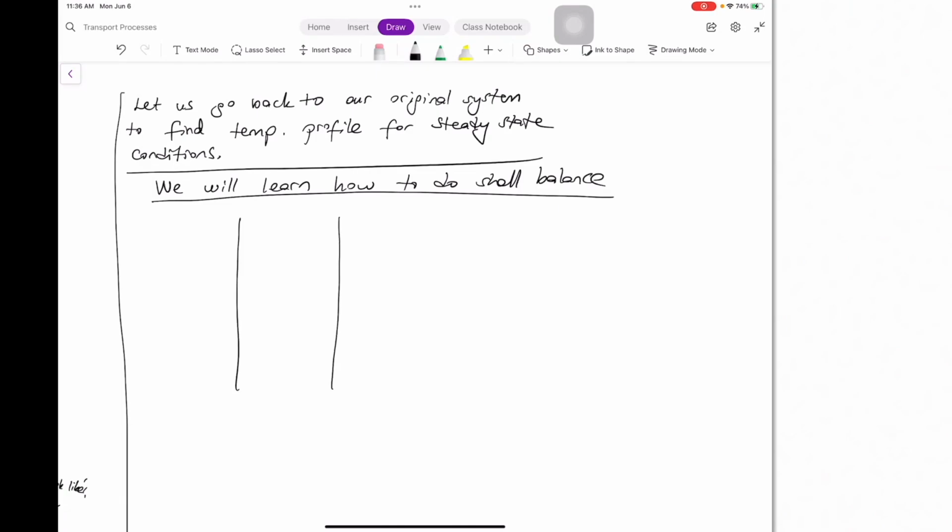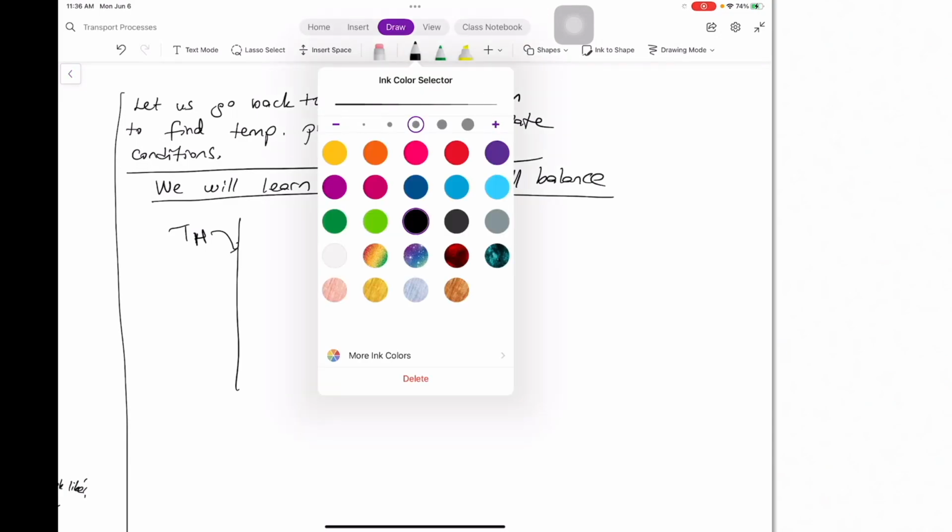This is our system. This side is T_H. This side is T low, or T cold. Let's call it T cold. Let's be consistent. And here's what we're going to do. I'm interested in the temperature at any point in the middle, at some point within the slab.